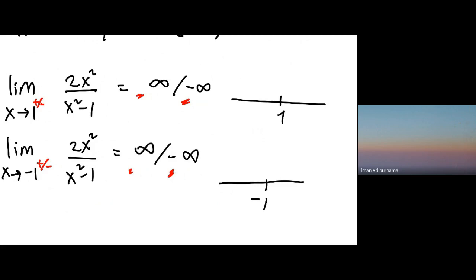And in your head think what will happen. I think the one that makes it positive or negative is this one, right? x squared minus 1. If you have x as 0 point something, and you square that, it will be negative, right? If you have from the right, probably it will be positive. Same thing happens here, okay? So that you can decide it's positive or negative. I hope you get my point.